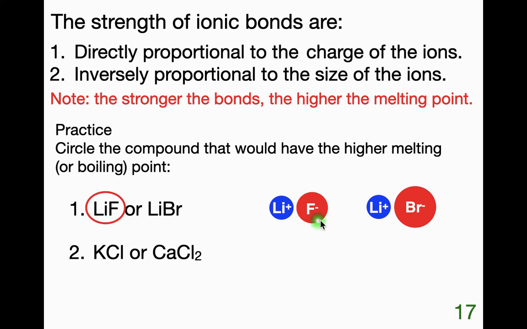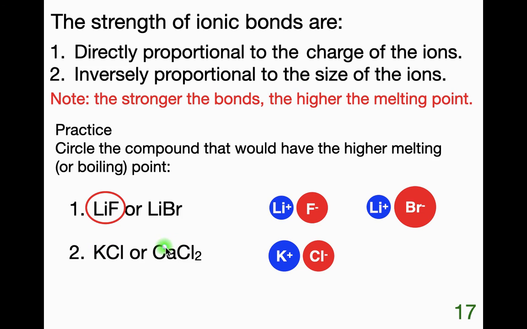So lithium fluoride. For potassium chloride and calcium chloride, chloride is the same on both. Even though you have two chlorides, that's not going to be a factor here, so don't let the number of atoms affect your answer. We have the potassium ion and the chloride ion, and then the calcium ion.